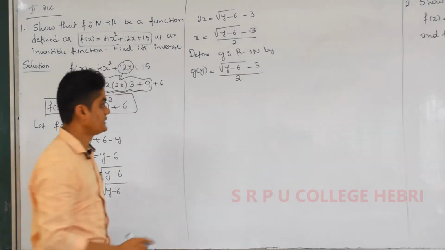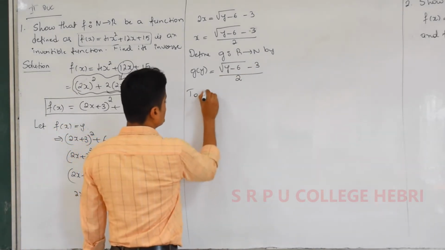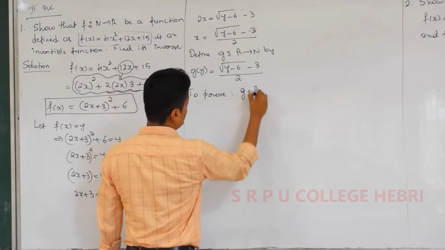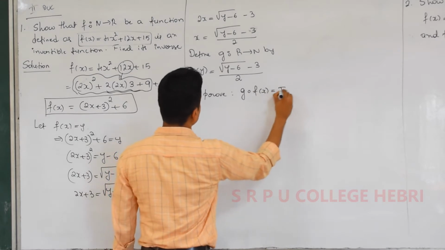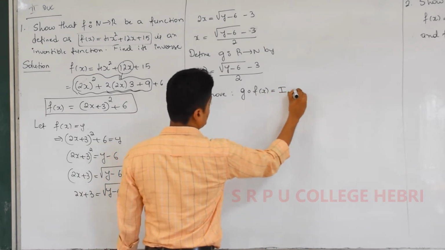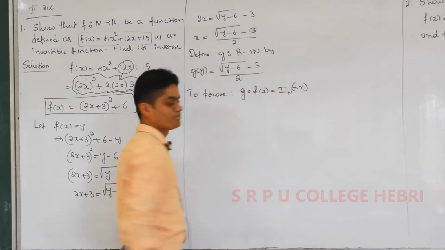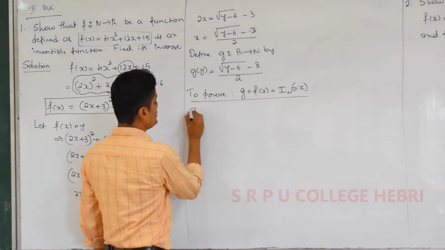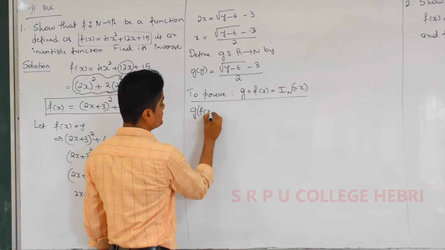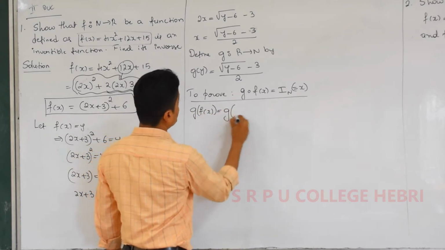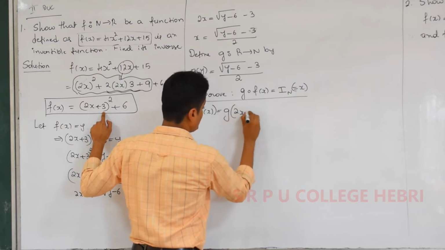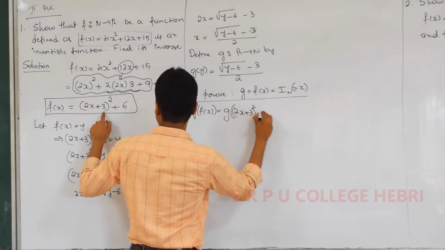Did you understand? Very good. As usual, do you remember what we have to prove? To prove g of f of x is an identity function of x, that is equal to x. So how do we prove it? Observe carefully. Consider g of f of x. Remember, don't use the first form, use the second one, that is (2x plus 3) whole square plus 6.